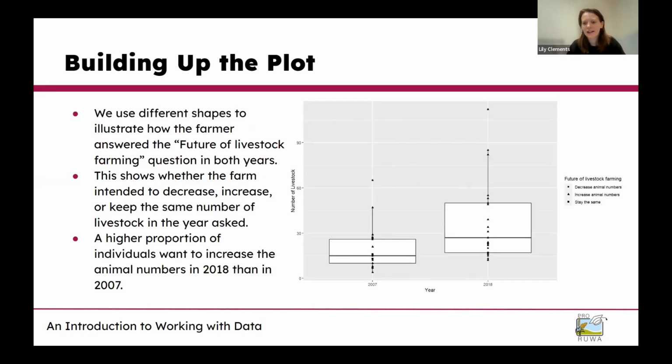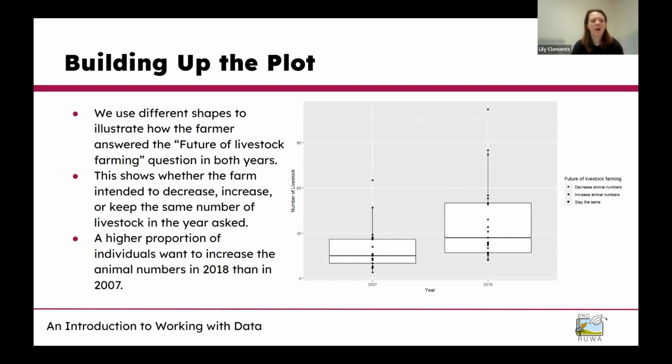Now this layer has dots, triangles, and squares. The dots mean that this person, when asked, feels that in the future they will decrease animal numbers. The triangles mean that in the future they will increase animal numbers, and the squares mean that in the future the animal numbers will stay the same. We've used these different shapes to illustrate how the farmer answered the question about the future of livestock farming in both years.